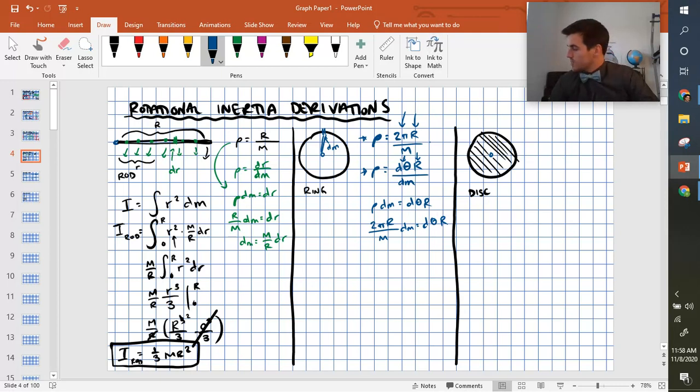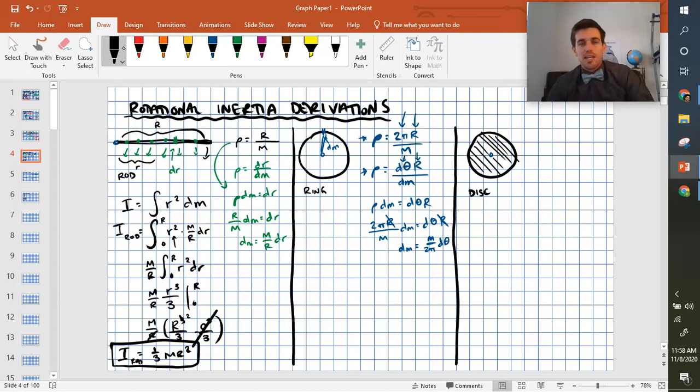Let's see, do I like the way this is going? I think I do. One more step: my radii cancel right here because there's an r on each side. Then I can multiply each side by the reciprocal of 2 pi over m. So I get dm equals m over 2 pi times d theta.